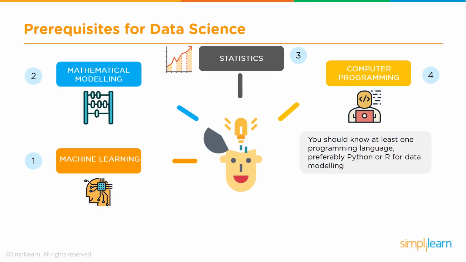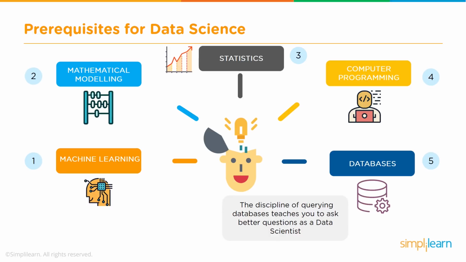The most common programming languages are Python and R. Python especially is becoming a very popular programming language in data science because of its ease of learning, because of the multiple libraries that it supports for performing data science and machine learning and so on. So Python is by far one of the most popular languages in data science. If any one of you is wanting to learn a new language, that should be Python.